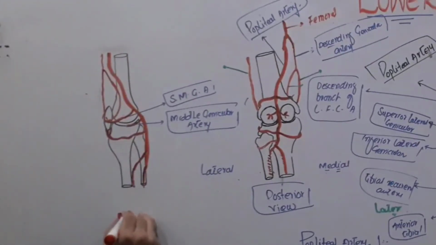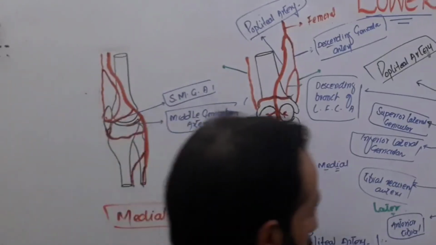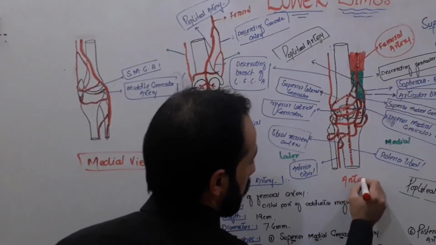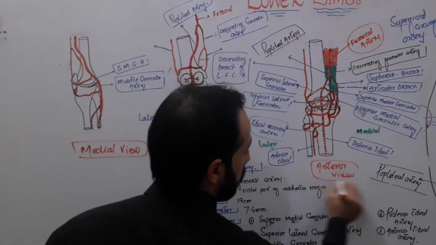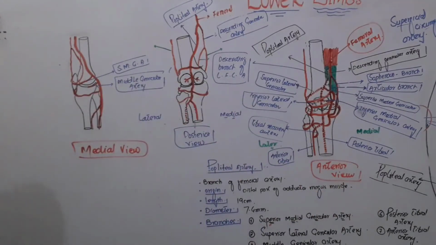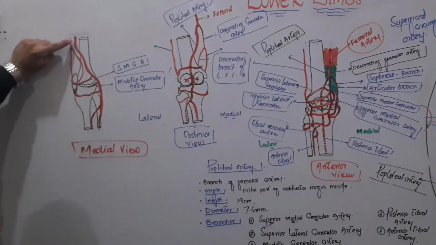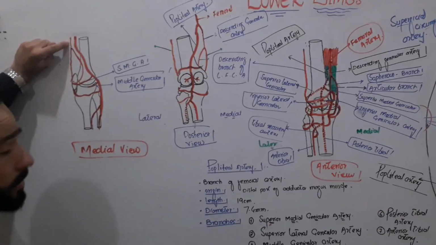Let me name it here, medial view. Right? This is the anterior view. So in the medial view, we can see this is the popliteal artery, this is the descending genicular artery.